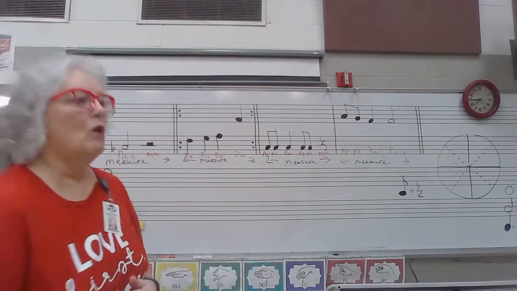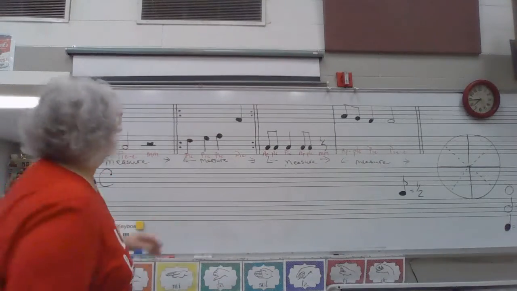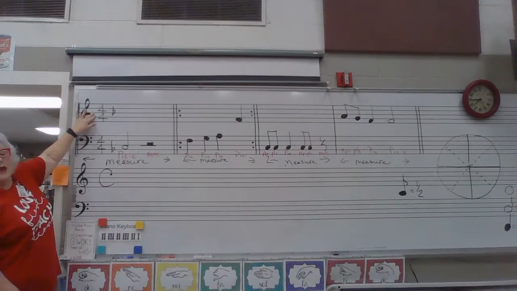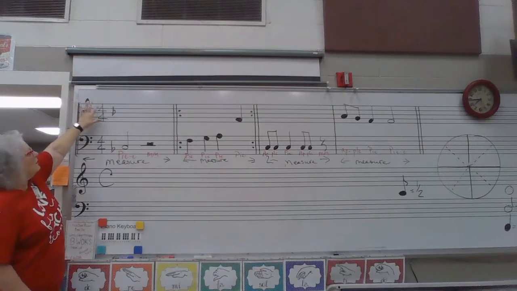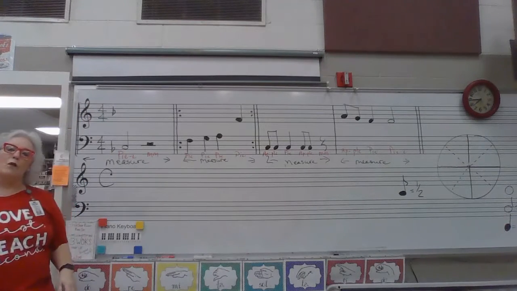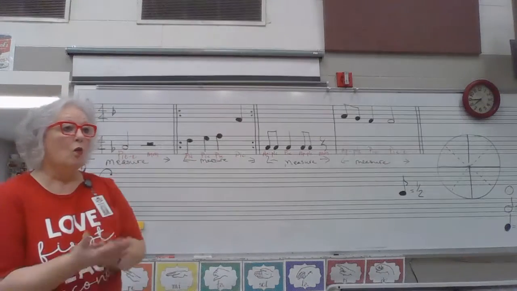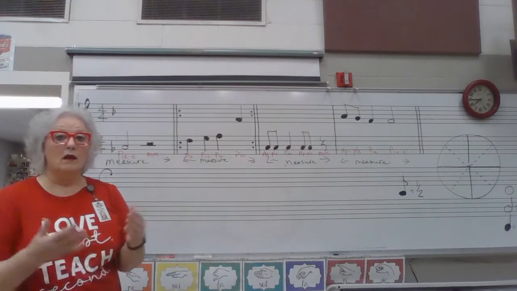Now, when we say divide the music equally, we have to look at our time signature. Here's our time signature that looks like a fraction. The top number, this top four, tells me I've got 4 beats or counts in a measure. 1, 2, 3, 4. That's all it's saying.